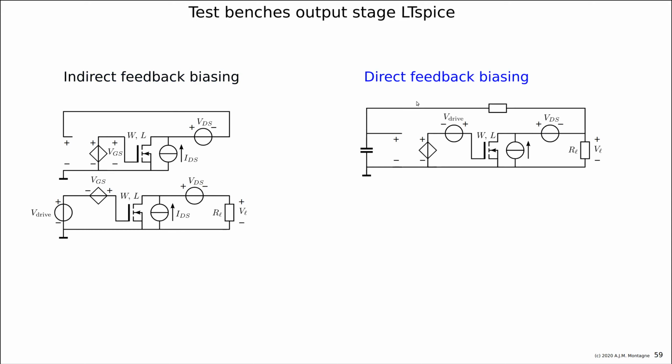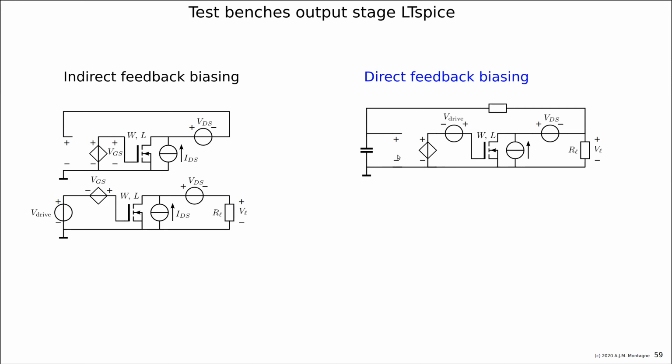There's also a direct feedback biasing solution, and I think I presented this in one of the lectures as a result of a question. So then we have a feedback here for the biasing, which is DC, but a capacitor and a resistor, let's say a low pass filter, that kills all the feedback for the frequency range of interest, which means that for the frequency range of interest, we just have the correct operating point, and the control source is not changing its value because there's simply no signal at the input.